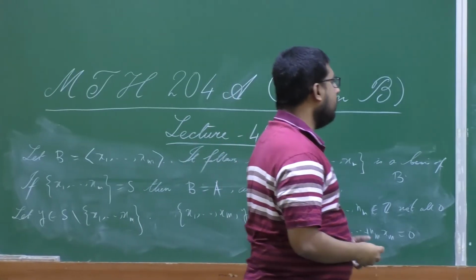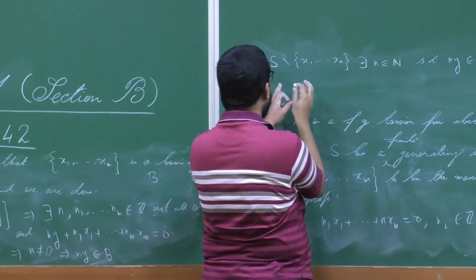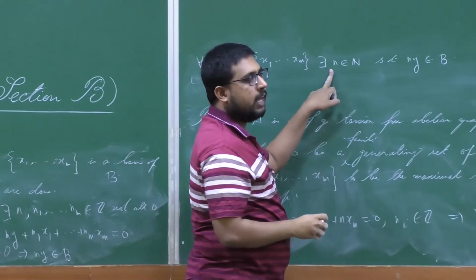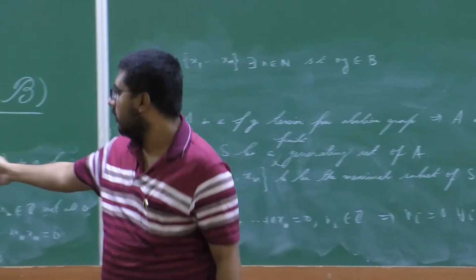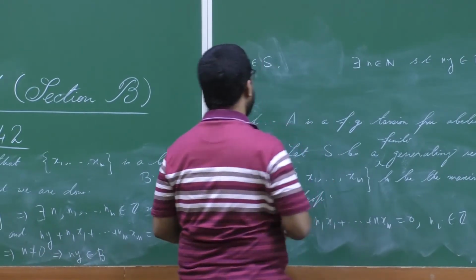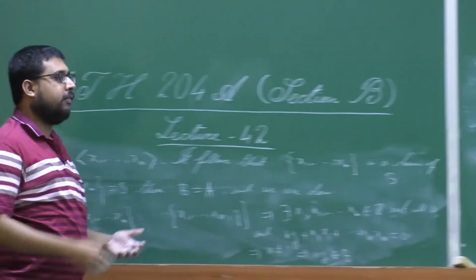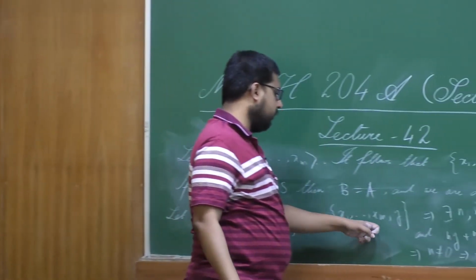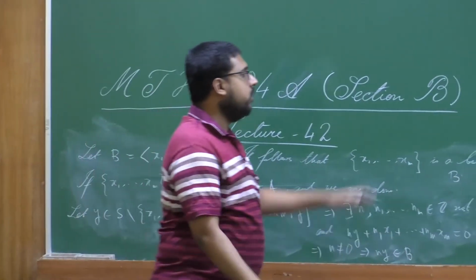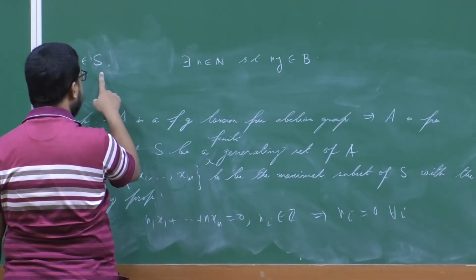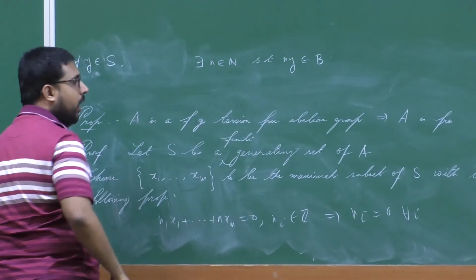So remember, if we consider x1 up to xm, then for that n can be taken 1 as well, because they are already inside B. So therefore this statement we can further modify simply by saying this, right? Because if it is not from x1 up to xm, of course we have n, and when it is x1 up to xm, trivially n equal to 1 works. And then the thing is, this n depends upon y.